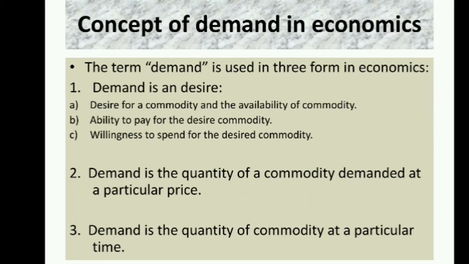And the second one is that demand is the quantity of a commodity demanded at a particular price. I am repeating again: demand is the quantity of a commodity demanded at a particular price. And the third one is that demand is the quantity of a commodity demanded at a particular time.